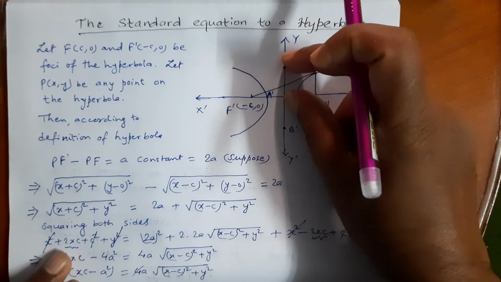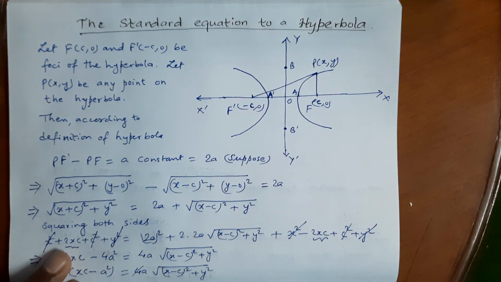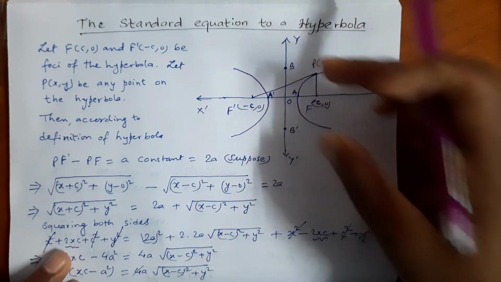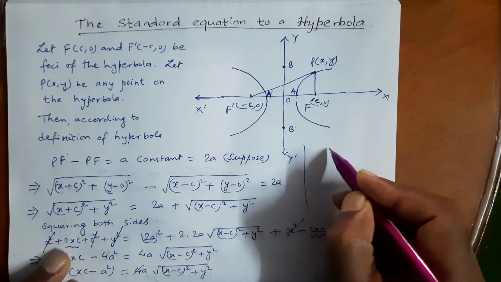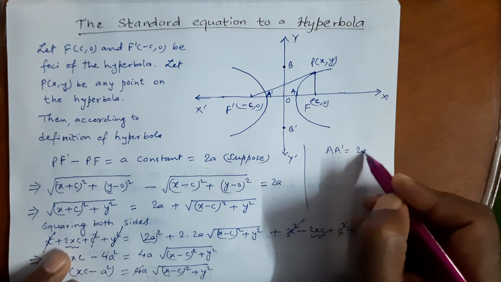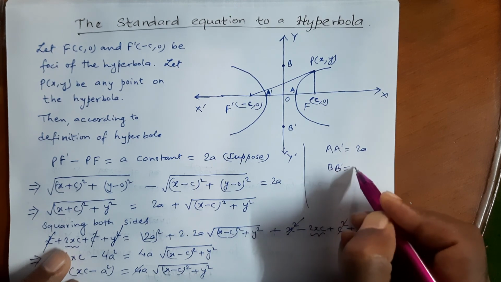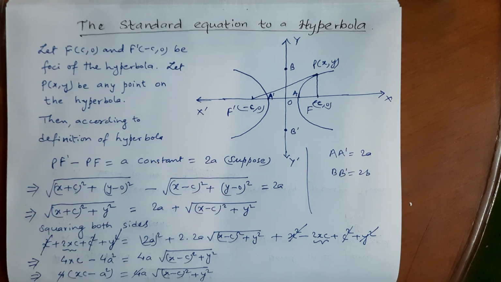Taking OB equals OB dash equals b, this B B dash is known as the conjugate axis, and its length will be 2b. So the length of the transverse axis A A dash equals 2a, and the length of the conjugate axis B B dash equals 2b. In this way I have explained this standard equation of the hyperbola in detail.